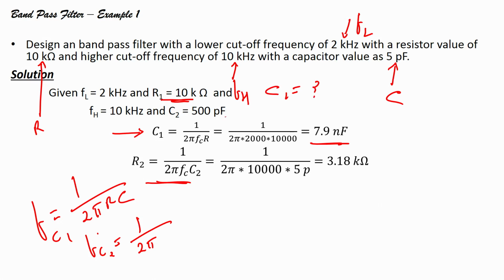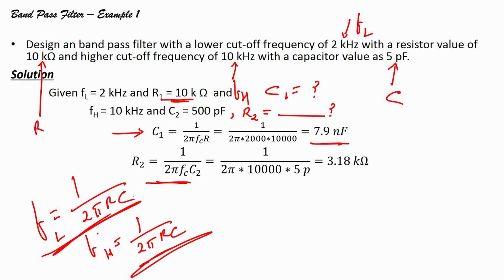Here we know the value of C2, but we do not know the value of R2. So, the first is the equation for FL, and this is the equation for FH. From here and from here we can find R1, C1, R2, C2.